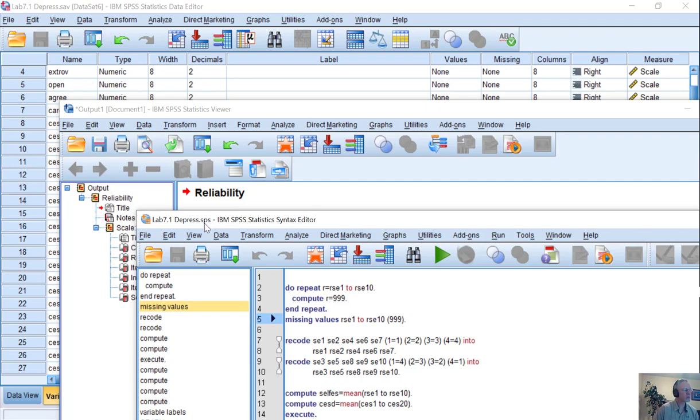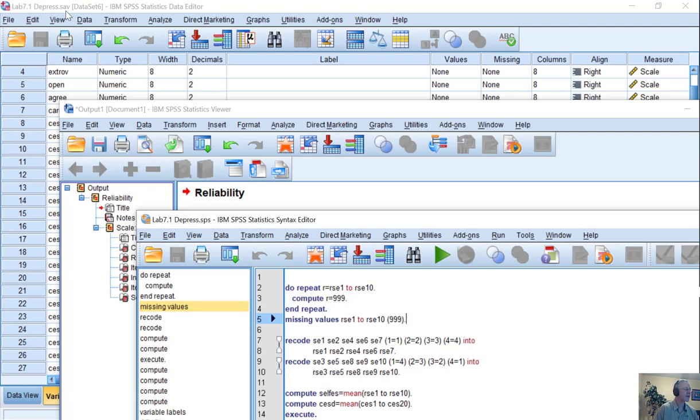The syntax window will have the name. So I give it a name like depressed. It puts on a suffix of .sps. So a .sps is a syntax file.